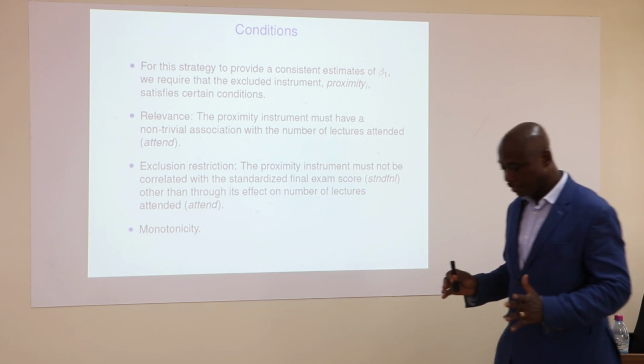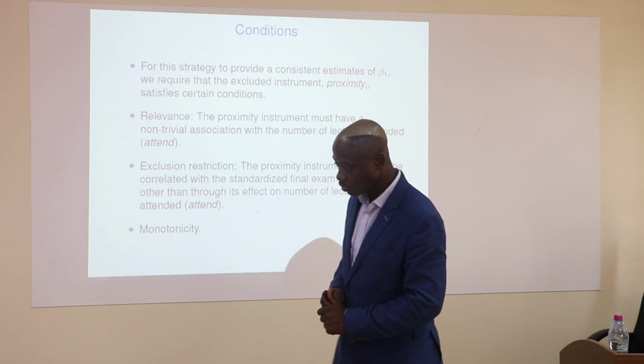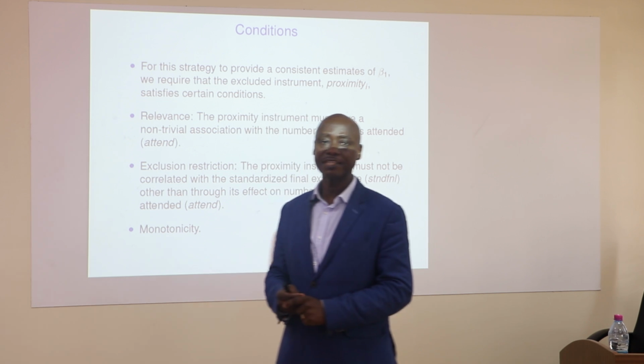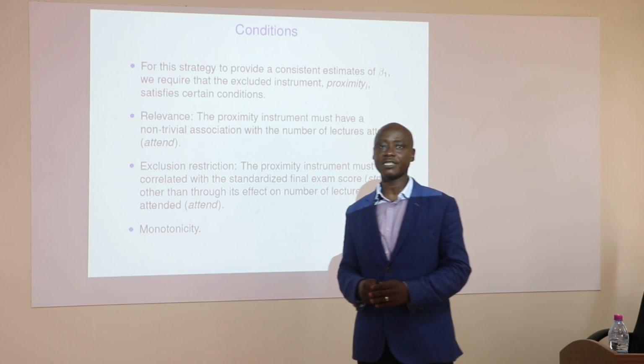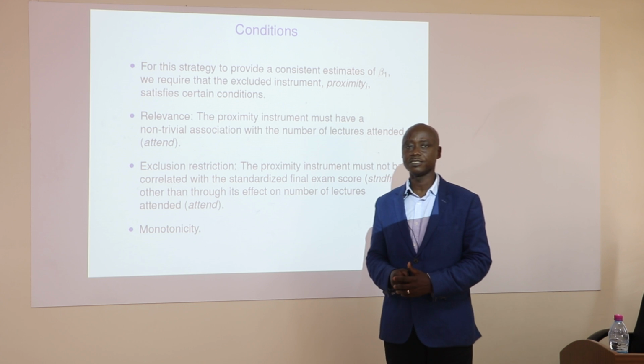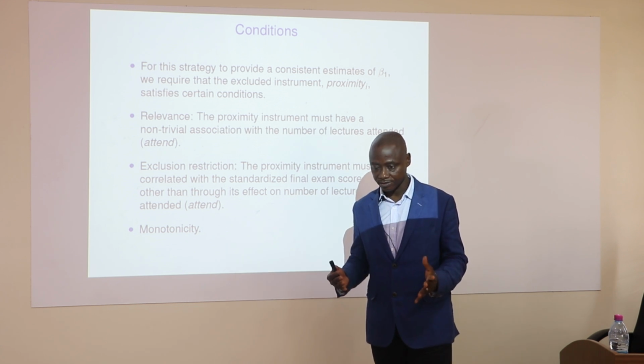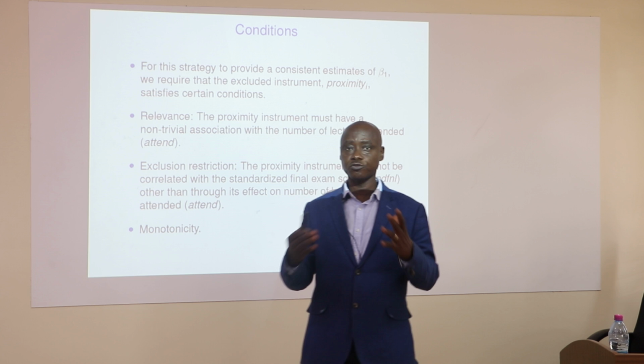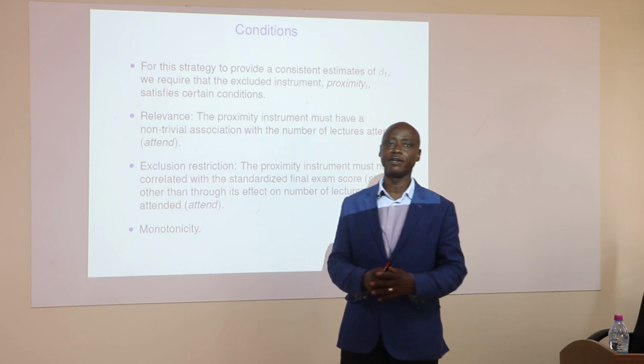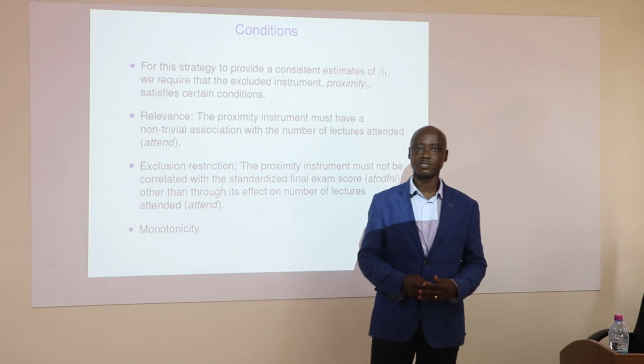Now, for the two-stage least squares instrumental variable to come out with consistent estimates, certain conditions must be satisfied. The first is the condition of relevance. We expect that the proximity instrument must have a strong correlation with attendance.